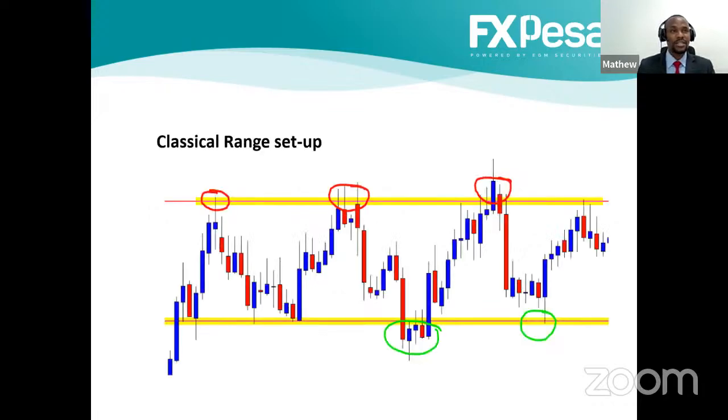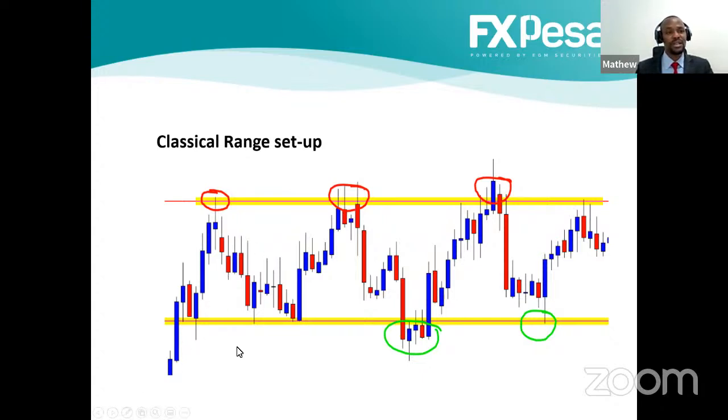So this is a classical example of a range setup. You realize the price is pushing up to a certain level, and then it trends downside again, pushes up, and then moves downward again, and it is reversing just around the same levels. So it's not an uptrend, nor is it a downtrend. It keeps oscillating between resistance areas and support levels.